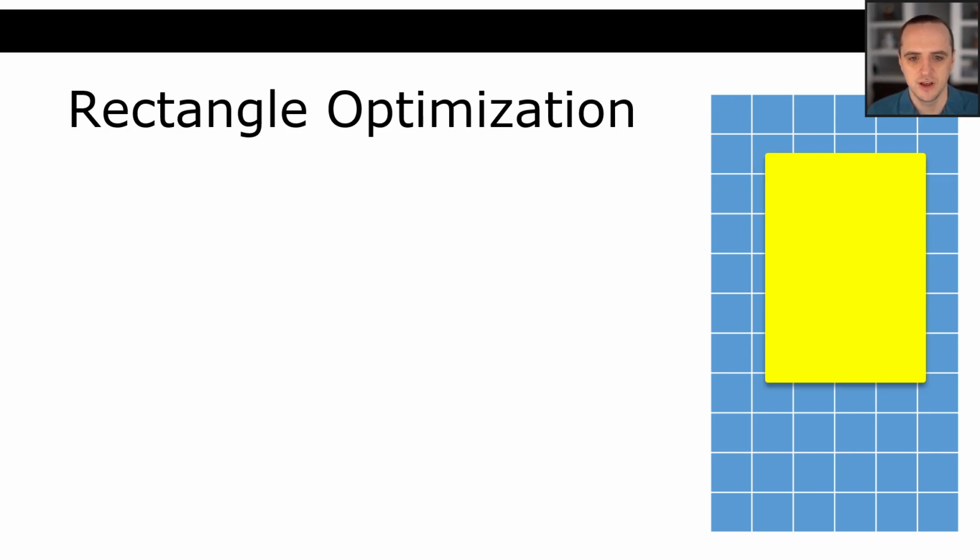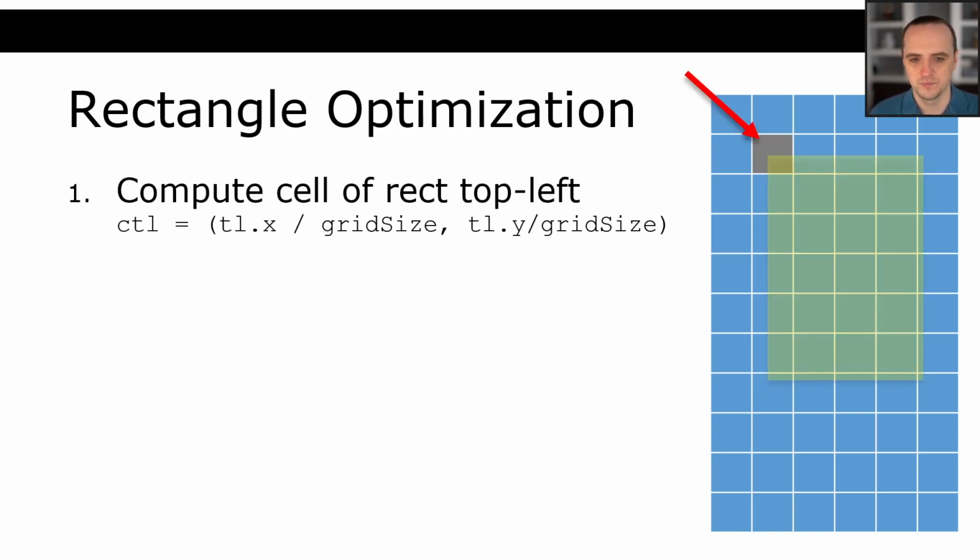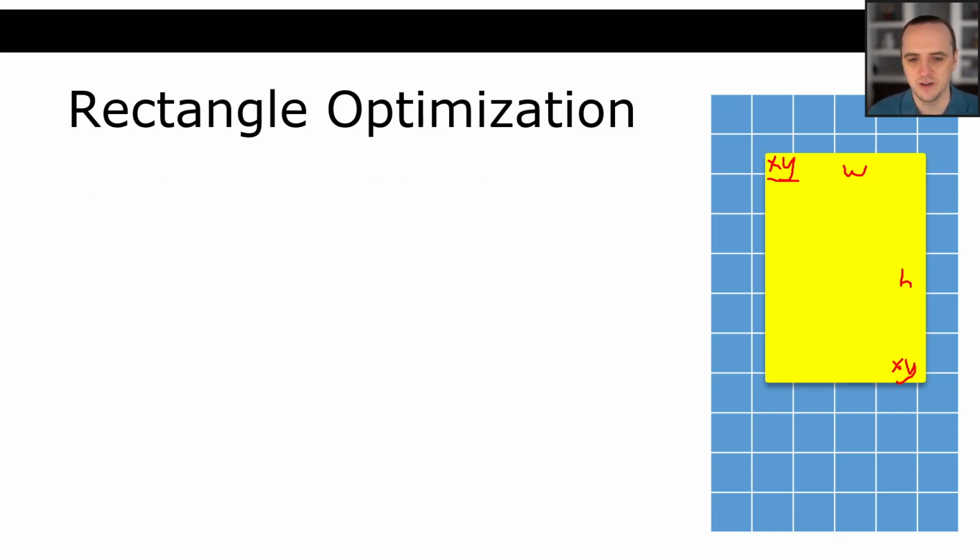You could be given the XY location of the top left and the XY location of the bottom right, or you could be given the XY location of the top left, and then the width, and the height, okay? What I'm going to assume here is that I've given you this rectangle as the XY location of the top left and the XY location of the bottom right, okay?